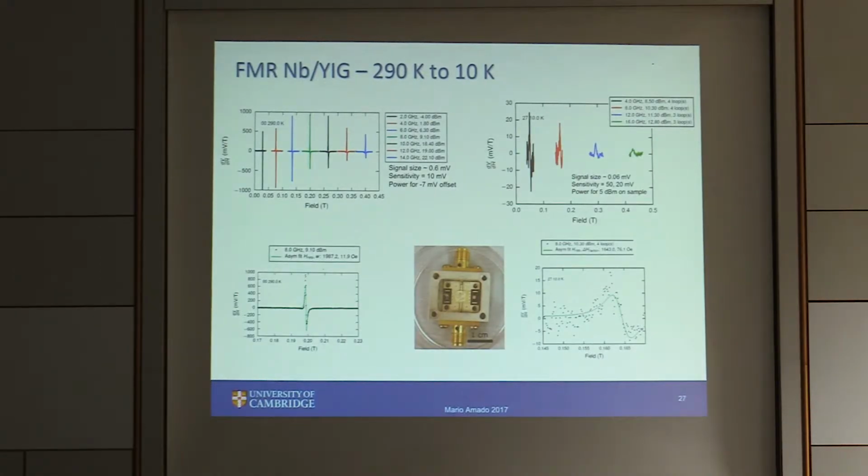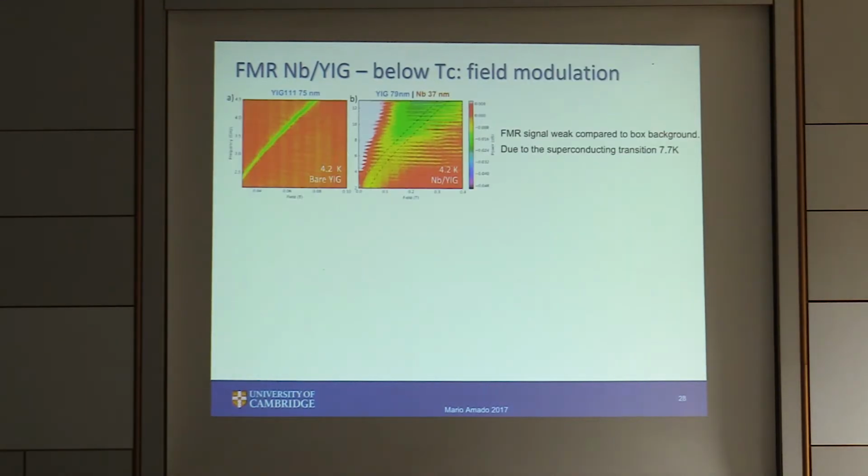Then when we couple the niobium to the YIG, when we deposit niobium on the YIG, we had to start studying the FMR by vector network analyzer and lock-in techniques, and also to apply a slightly modulated magnetic field to get all the resonances at the different temperatures. By going down below the TC of our niobium, that is 35 nanometers, something like 7.7 Kelvin, as you can observe here, the resonance was completely hindered in our spectrum.